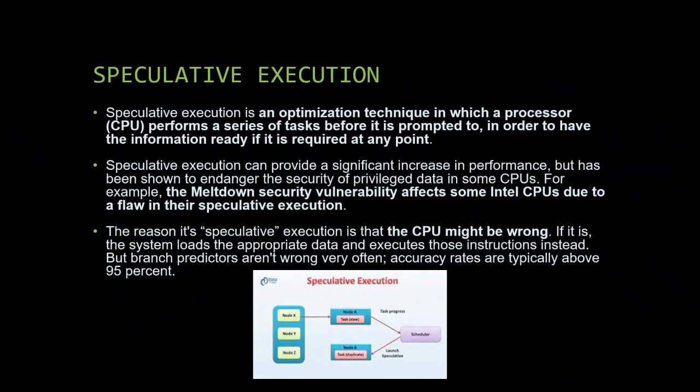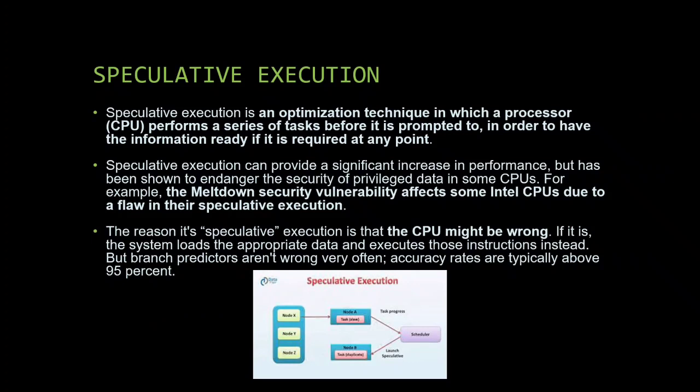Next is speculative execution. Speculative execution is an optimization technique in which a processor or CPU performs a series of tasks before it is prompted to, in order to have the information ready if it is required at any point. Speculative execution can provide a significant increase in performance, but has been shown to endanger the security of privileged data in some CPUs.